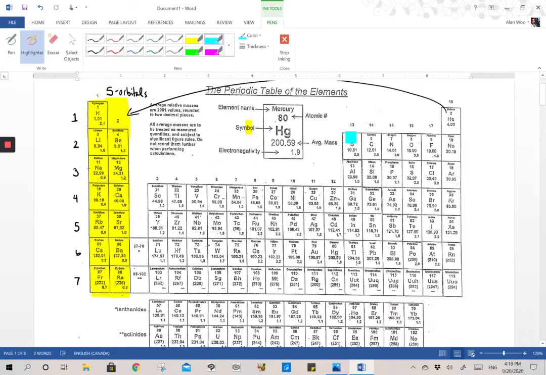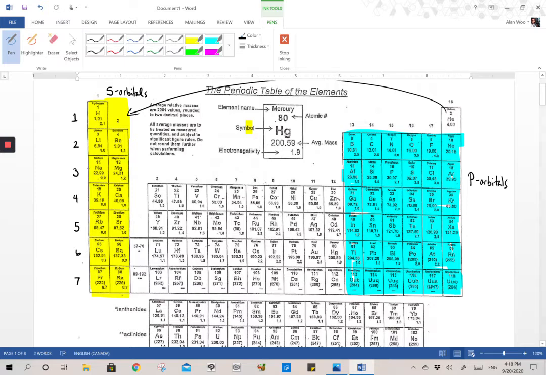This part here makes up your p orbitals. Okay. It's what we call the p block. So these are the p orbitals. Now, in the previous lesson, I explained why there is no such thing as a 1p.